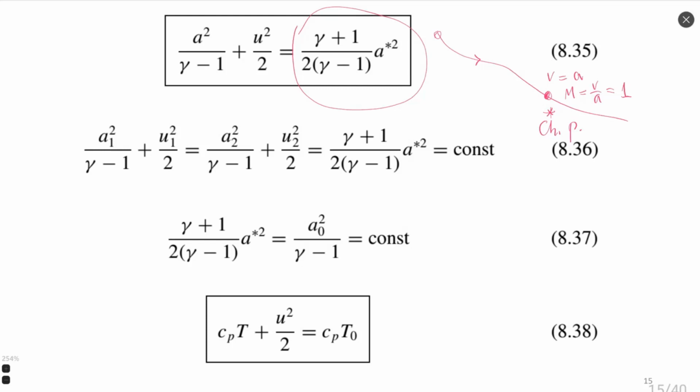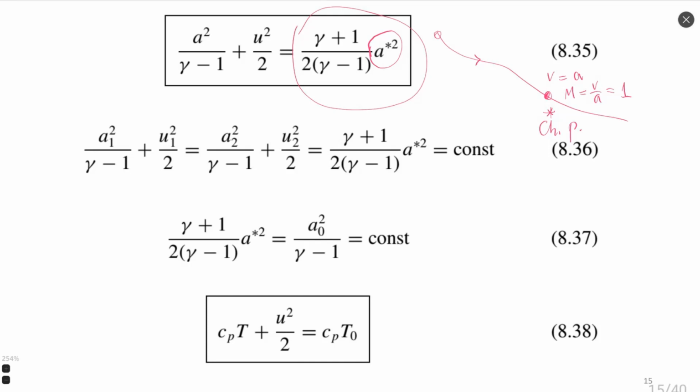And if you read in some book, for example, characteristic speed of sound, you will know that characteristic speed of sound is the speed of sound which happens at that point. It means the speed of sound at the point when velocity is equal to speed of sound, or the point at which Mach number is equal to 1.